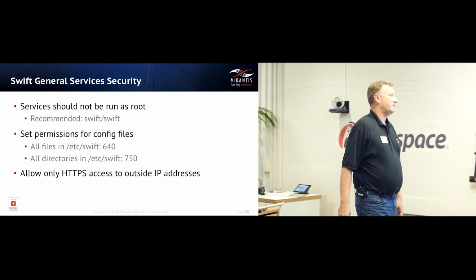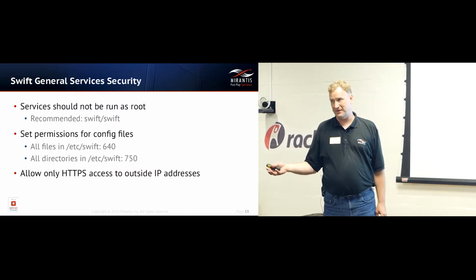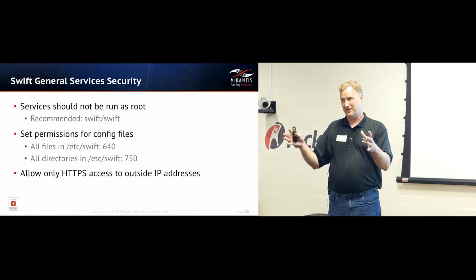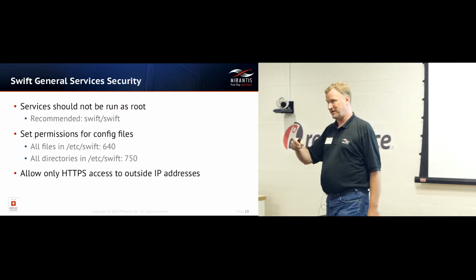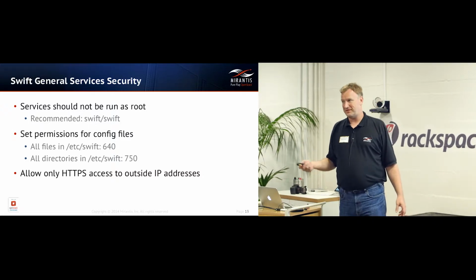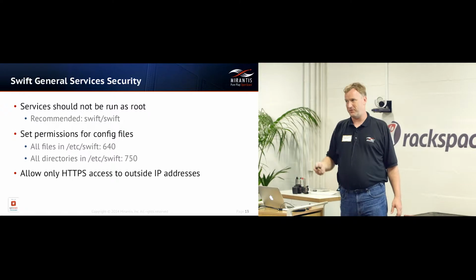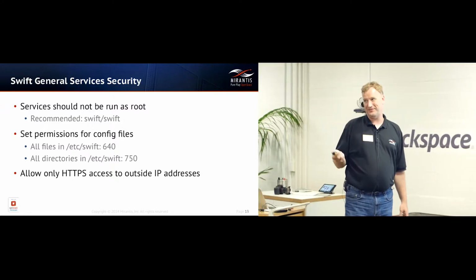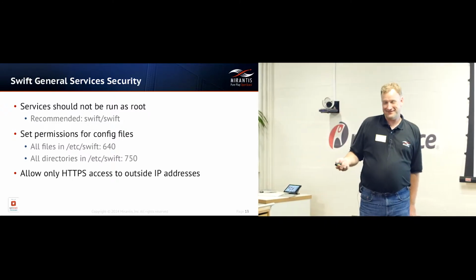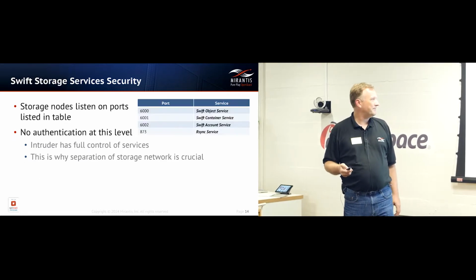If you configure your cluster without HTTPS, you can do that, but put a load balancer in front of it that's a terminator, an endpoint for your SSL connection. Because if you run your authentication over the internet, which I have actually seen in reality, you are going to be in for a pretty bad time.